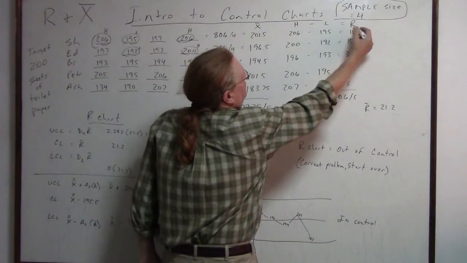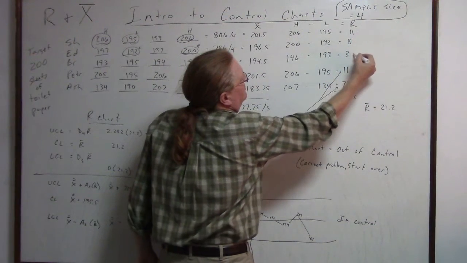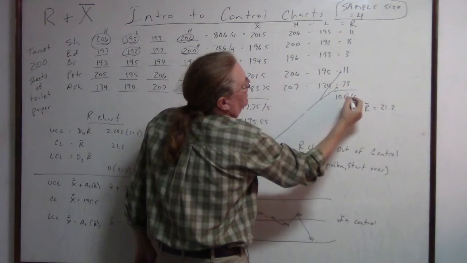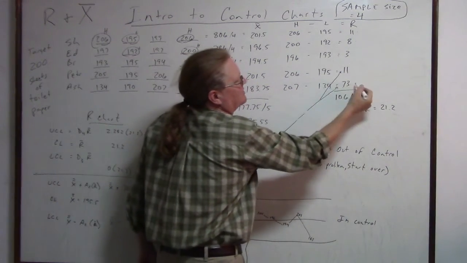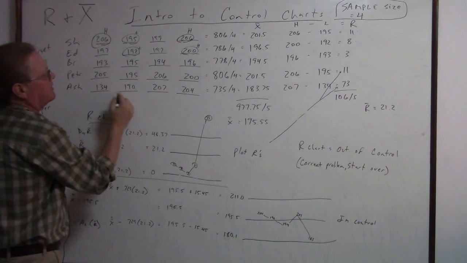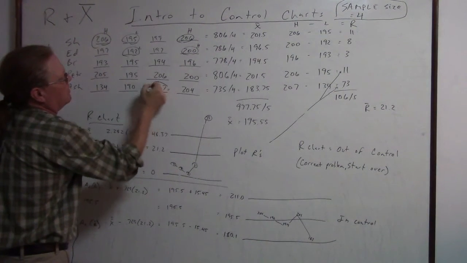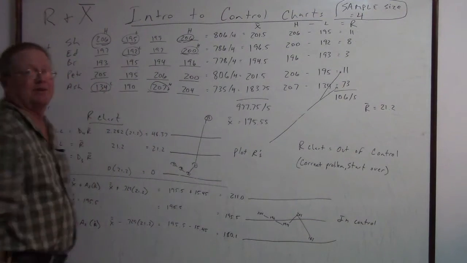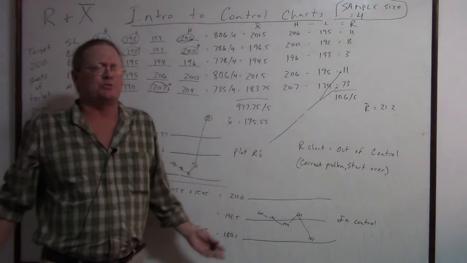So these are our R numbers, and we add those up. This is crazy right here. This is nuts. This last one really worries me right off the bat. The high was 207, and our low was 134. Oh, maybe we had a measurement problem.